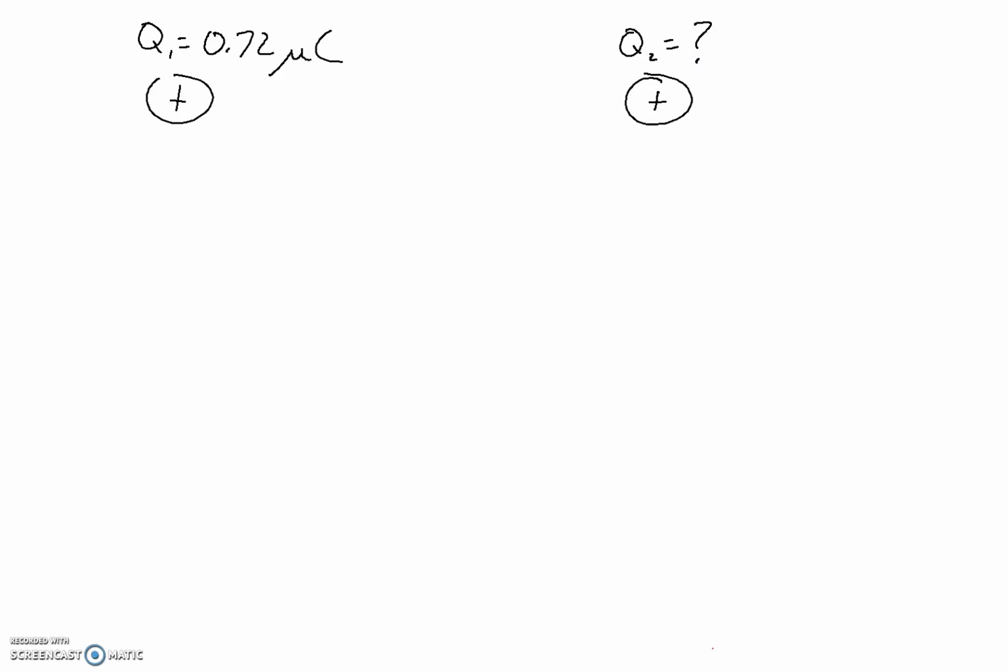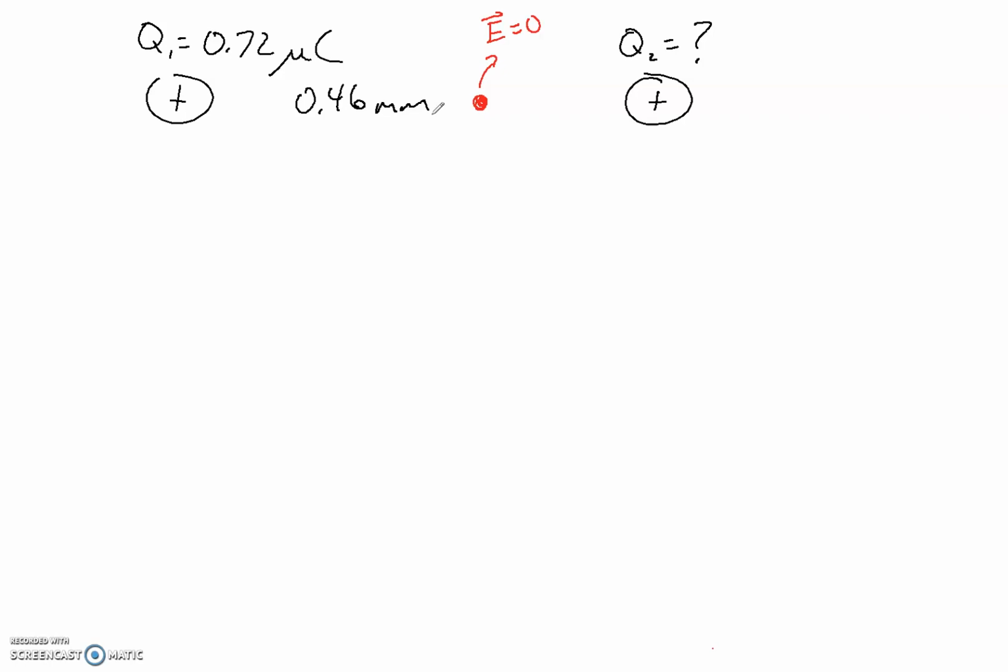And what we're going to say is at this location right here, I'll even use red, at this location right there, the electric field is equal to 0. Okay, and let's say that this charge here, Q1, is 0.46 millimeters away.